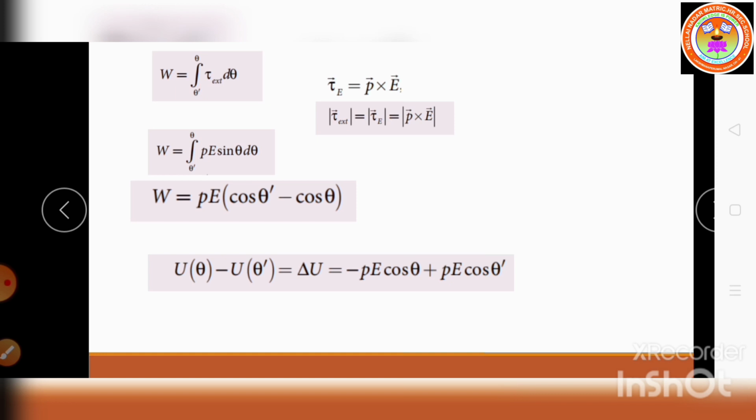So del U is equal to minus PE cos theta plus PE cos theta dash. Once again, U of theta minus U of theta dash is equal to del U, that is equal to minus PE cos theta plus PE cos theta dash.